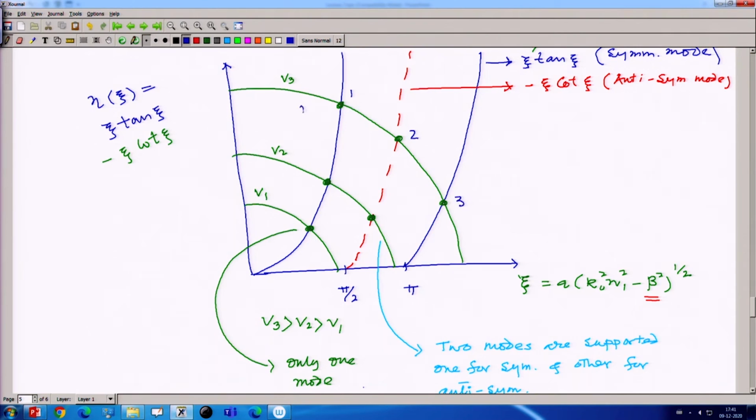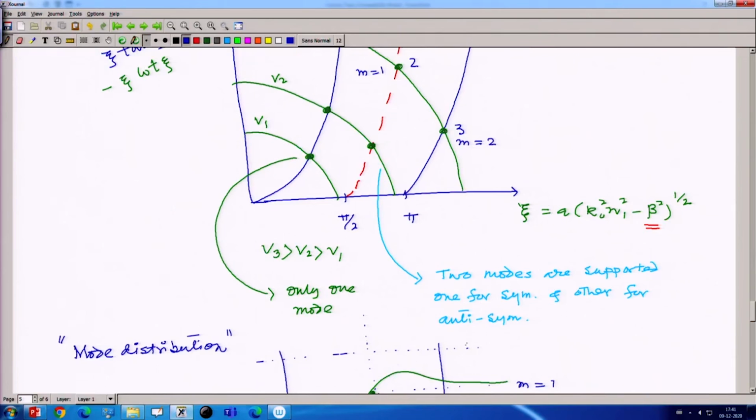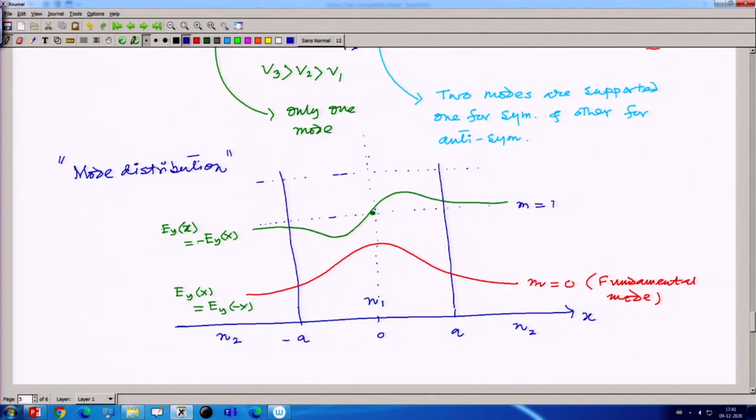If I define m equal to 0, the 0th mode, m equal to 1 and m equal to 2, this is the way we define the number of modes. Now, this is for m equal to 0, this is for m equal to 1, and for m equal to 2, from this figure I find we should have a symmetric mode, and the symmetric mode will be this.